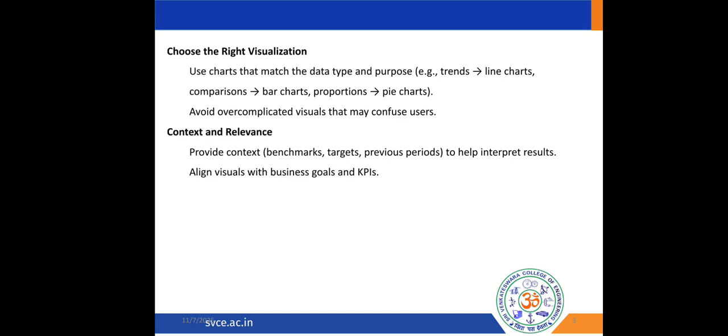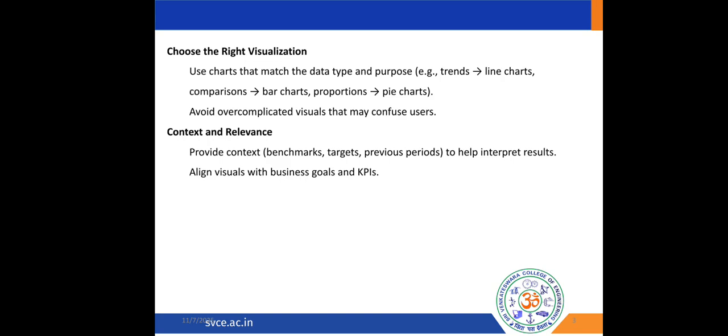So while choosing the visualization, it should depend on the data that we are going to visualize. So depending upon the data only we have to choose the right particular visualization.